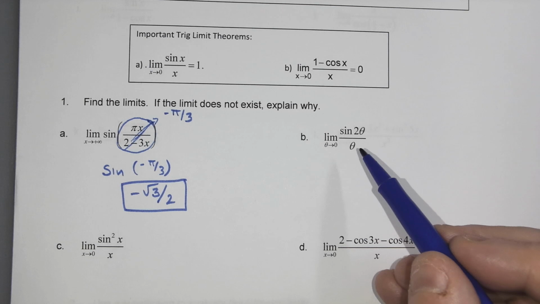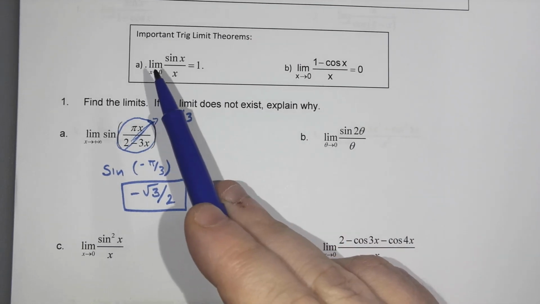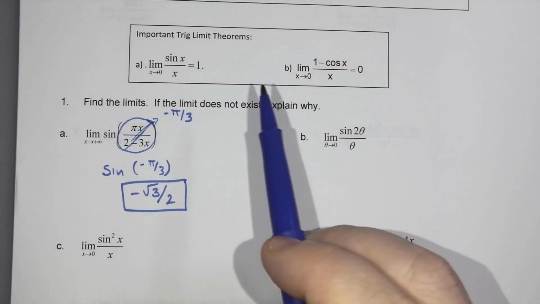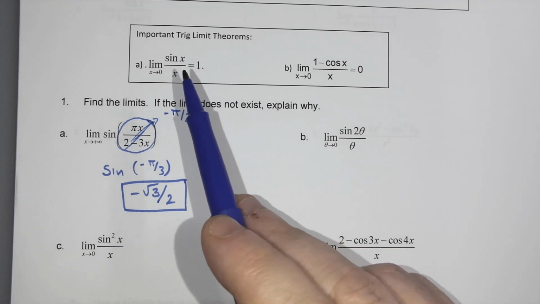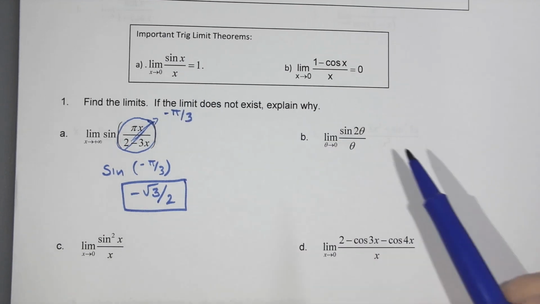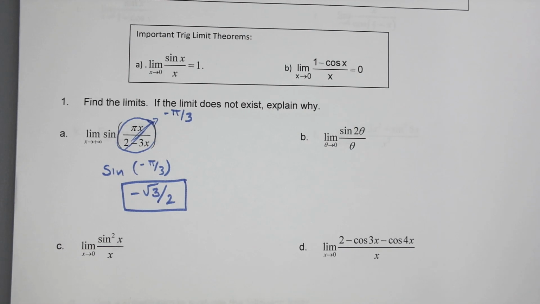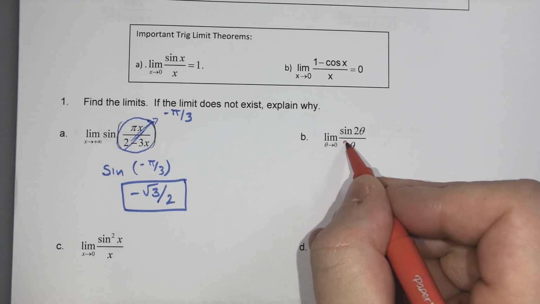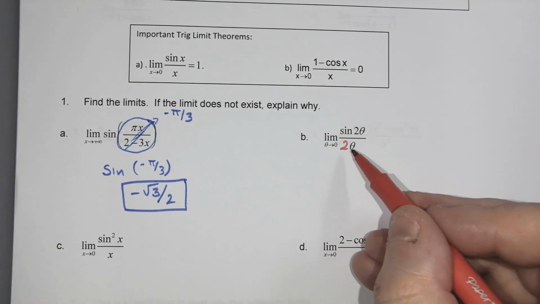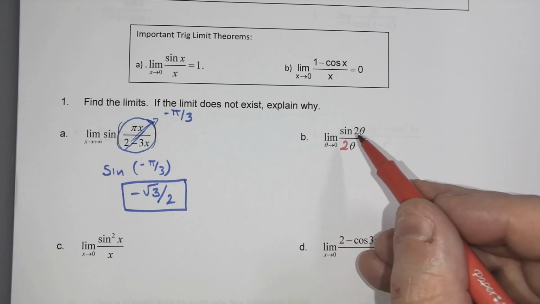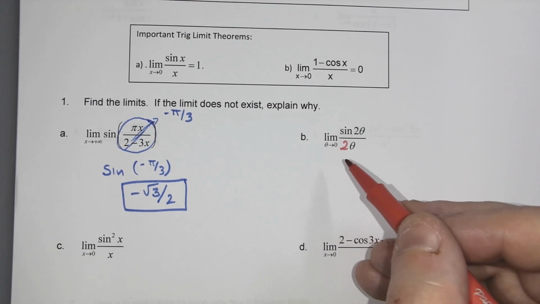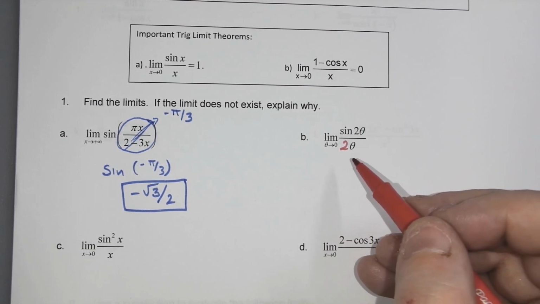Okay, this one is close to looking like that, right? Sine of x over x. It's really important that whatever's in here is the same as what's on the bottom. So I can't quite do this one yet unless I fix it. I'm going to fix it by putting a 2 there. Because now the top and the bottom, the argument to the sine is the same as the bottom. They're both going towards 0, and they're both going to 0 at the same speed.